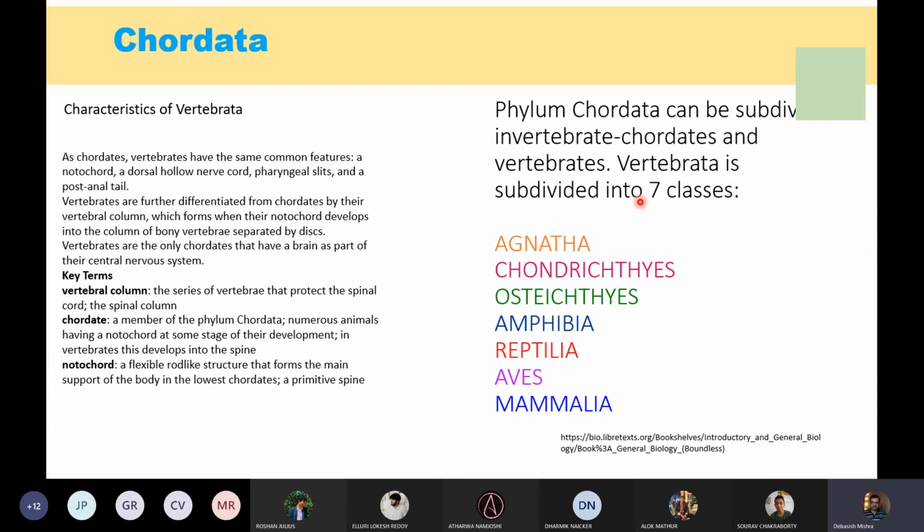Then we have birds and mammals. Until birds, we have egg-laying. After birds, in mammals, the living organisms do not lay eggs. Whatever egg is there, they implant that egg inside their womb and grow it into a grown organism.